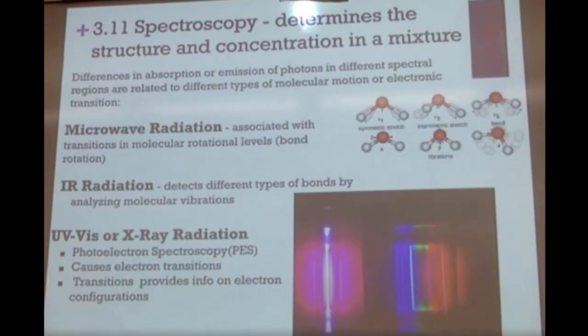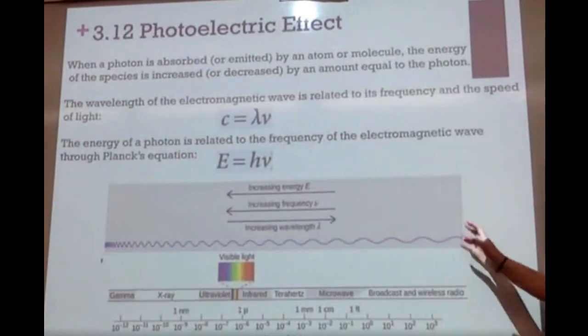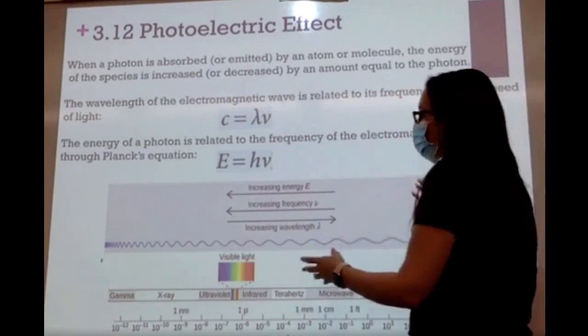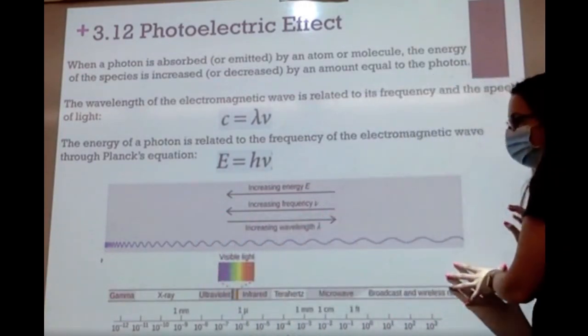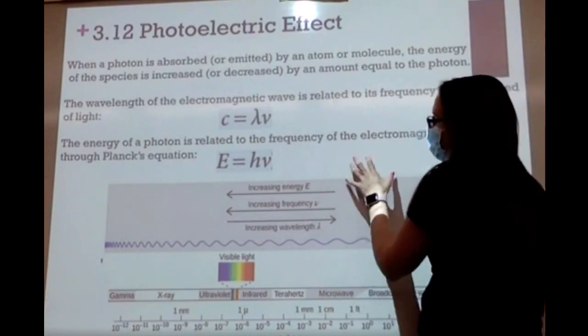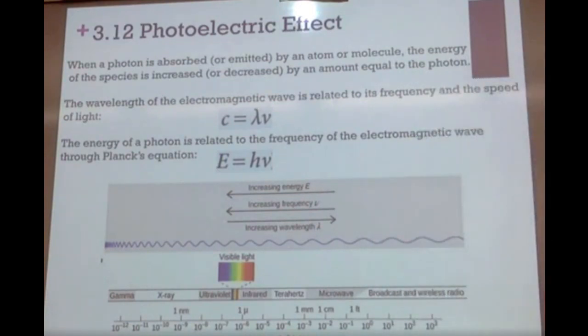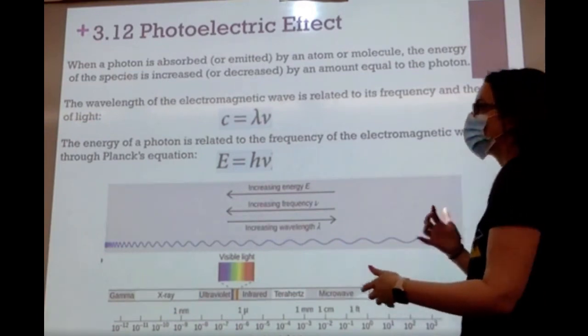And so kind of tying into flame tests and visible light, topic 12 looks at the photoelectric effect. So this is looking at the electromagnetic spectrum. This was chapter 6 for us. This tied into electron configurations. So we did this when we did electron configurations.